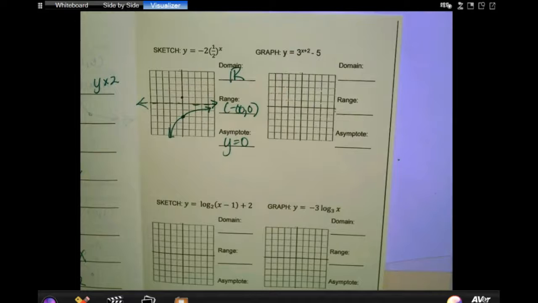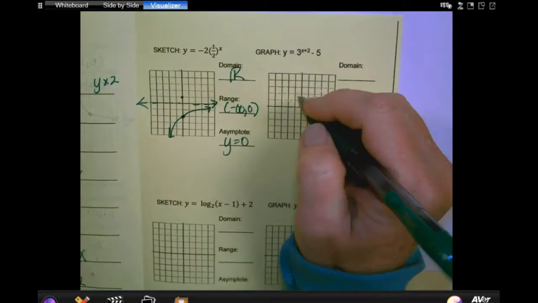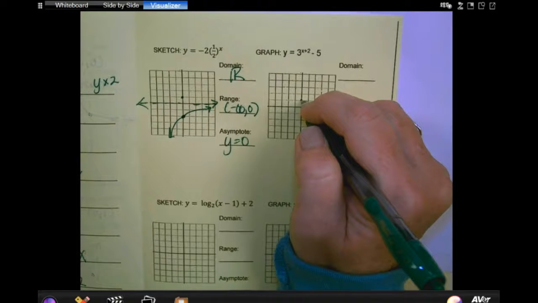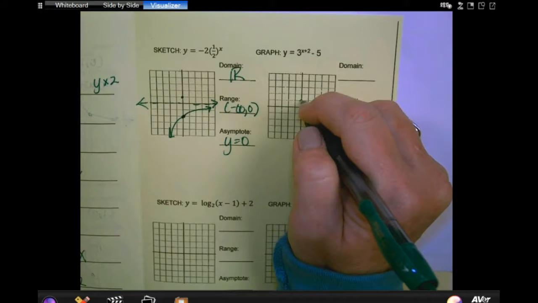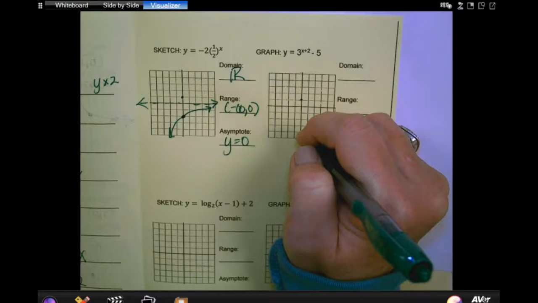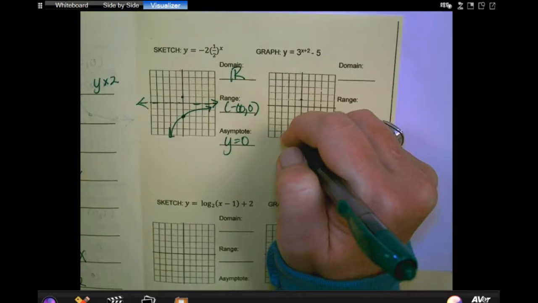So on the next one, y equals 3 to the x plus 2 plus 5. So what point do I start at? So if I start right here, I'm shifting which way? Down 5. And then which way? 2 to the left.